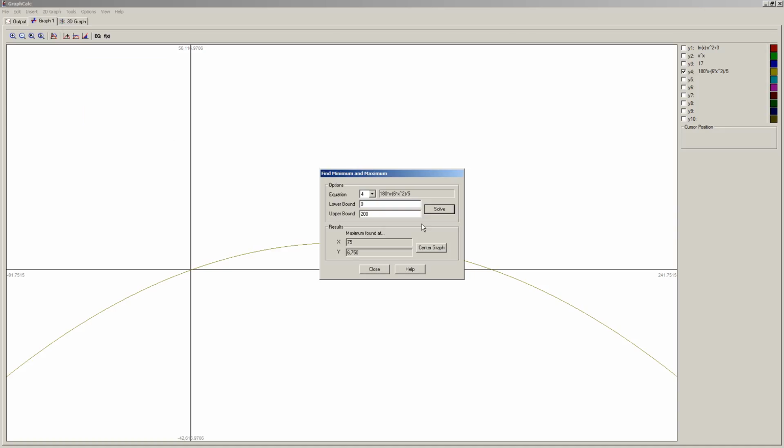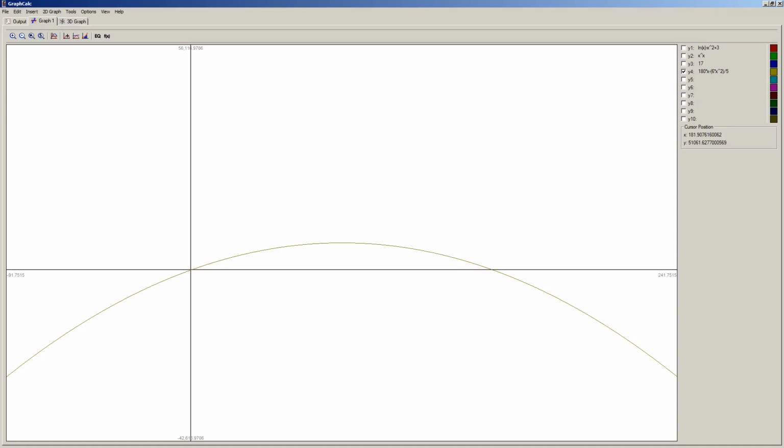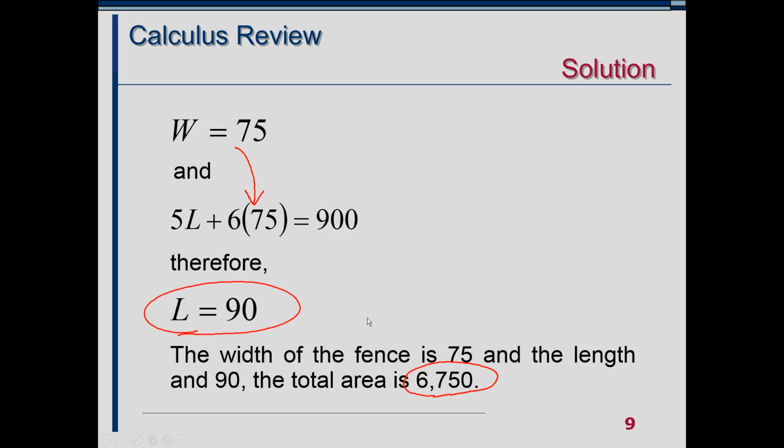See, 6750. Okay. So that is how we would solve a very simple optimization problem using calculus.